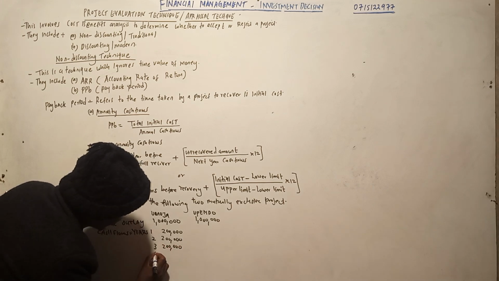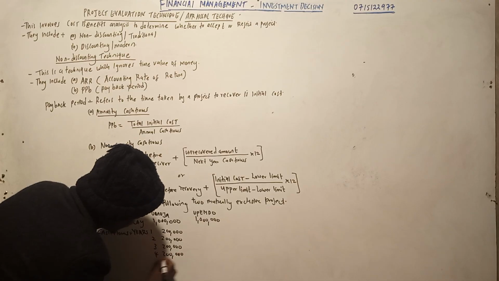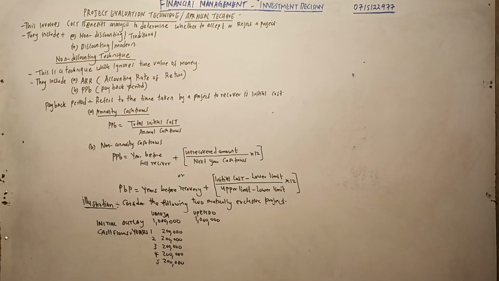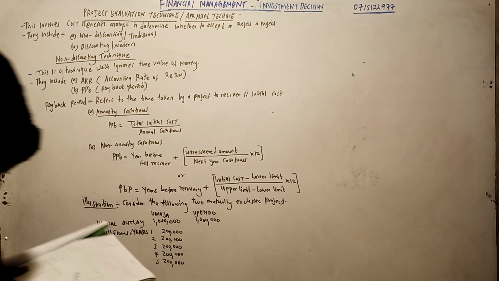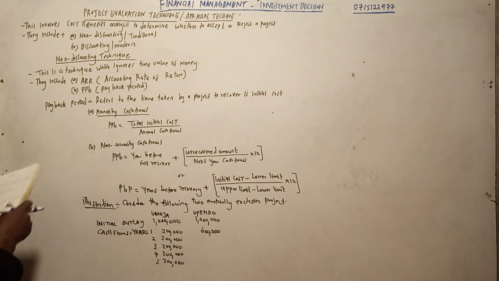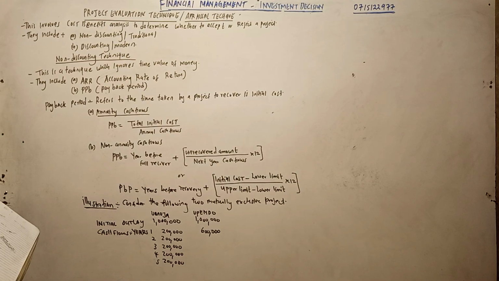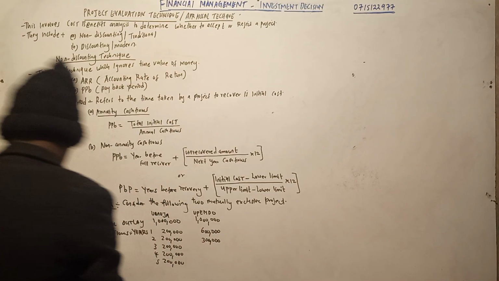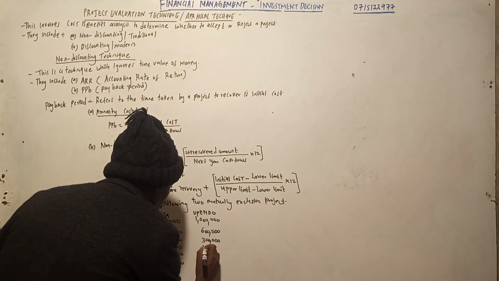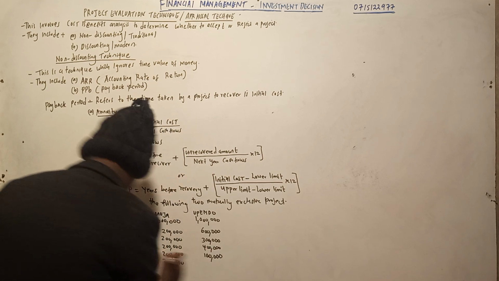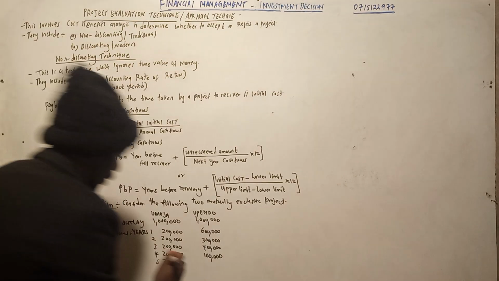For Umoja, the cash flow is 200,000 each from year 1 to year 5. Then the other one is changing. We have 600,000, then 300,000 in year 2, year 3 is 400,000, then 100,000, then finally 50,000.